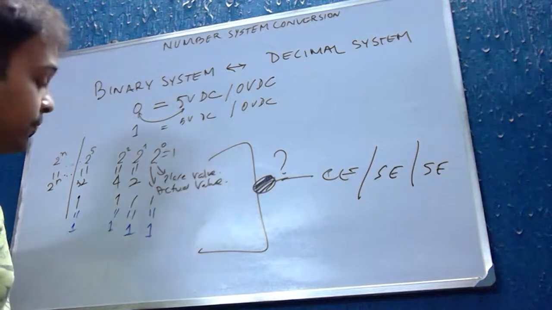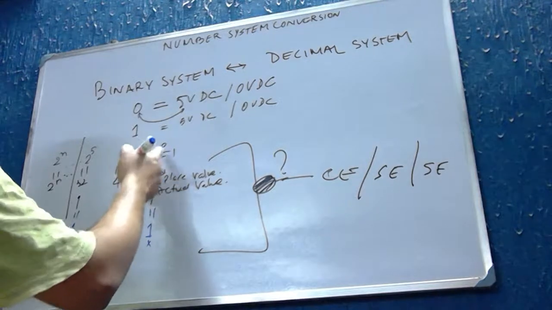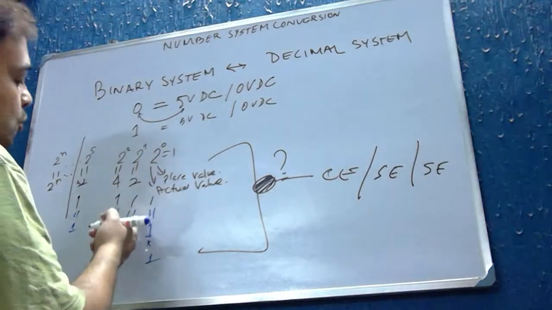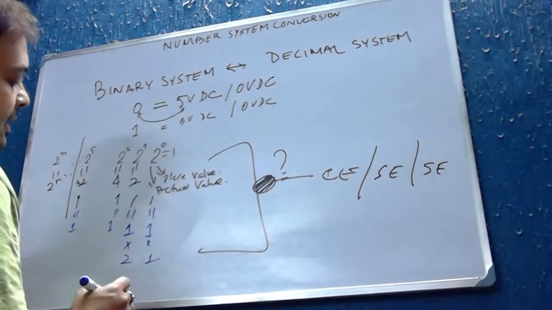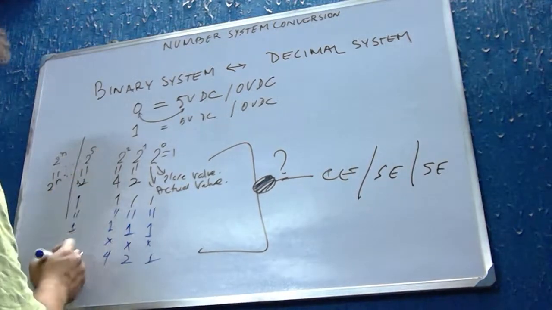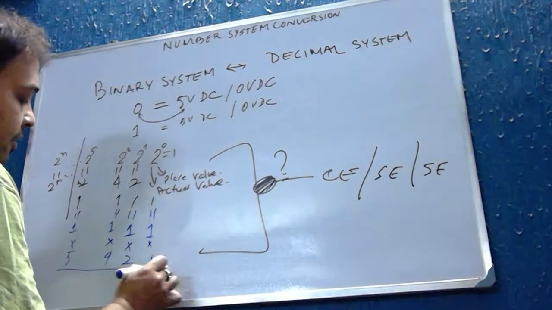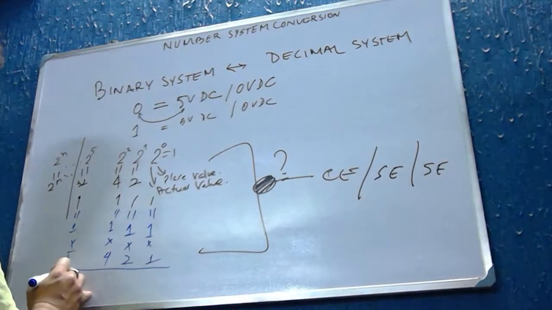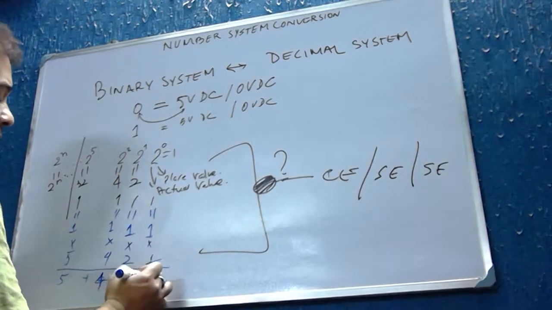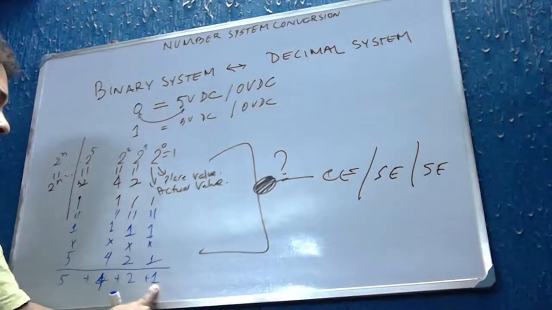So I'll just multiply this by 2 to the power 0, which is 1. This I multiply by 2, this by 4, this by 5. So your entire number will basically become 5 plus 4 plus 4 plus 2 plus 1. That comes to 5 plus 4, 9, 9 plus 2, 11, 11 and 1, 12.